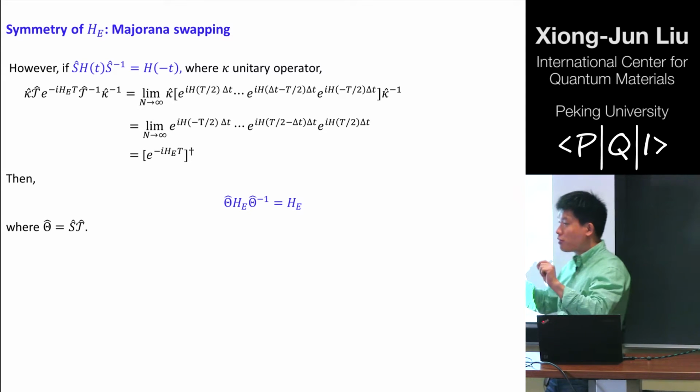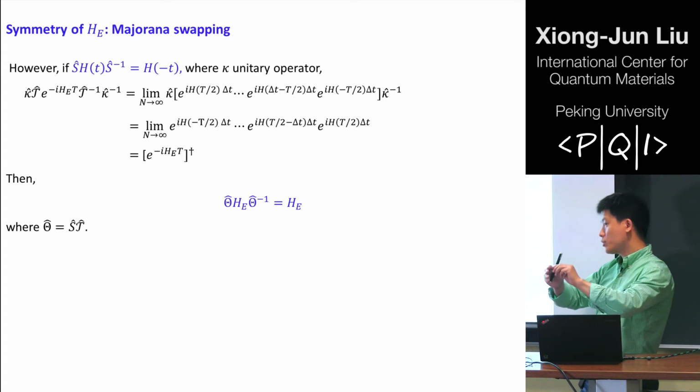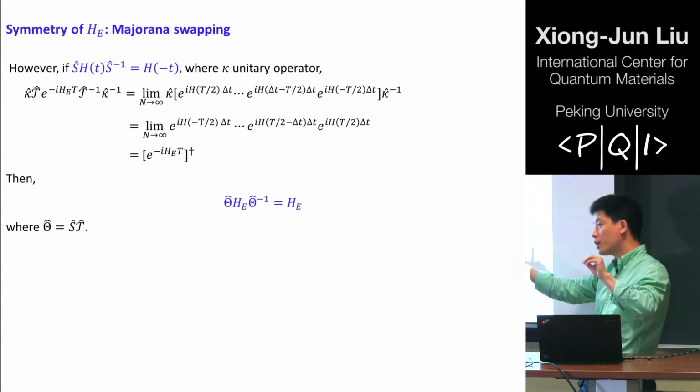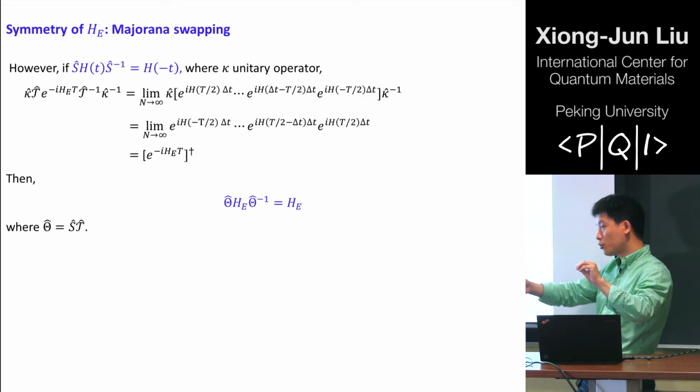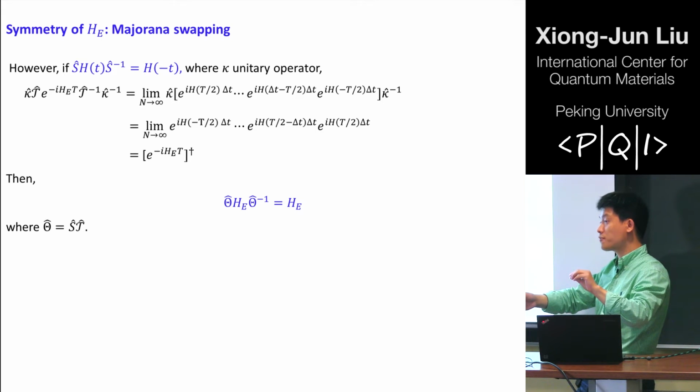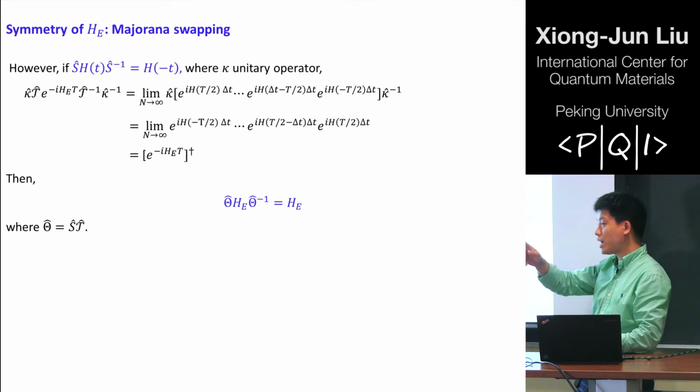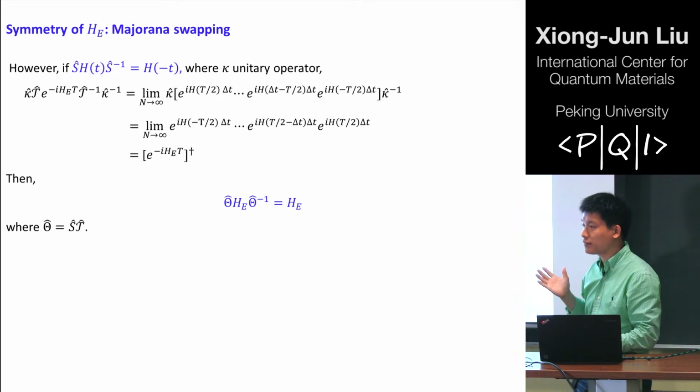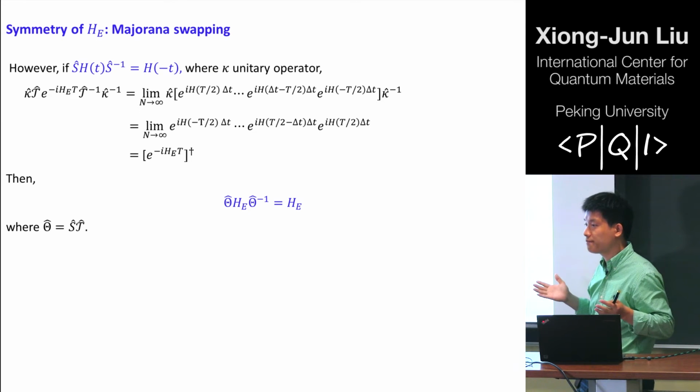So anyway, mathematically, you can have a braiding which can be described by a time-dependent Hamiltonian, right? So for this time-dependent Hamiltonian, you can always do a transformation that takes H(t) to H(-t). You can always do such a transformation, okay?